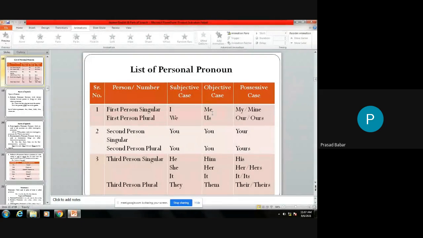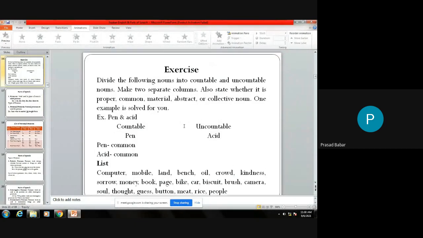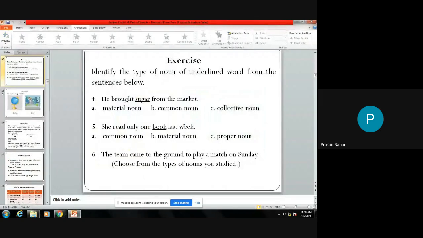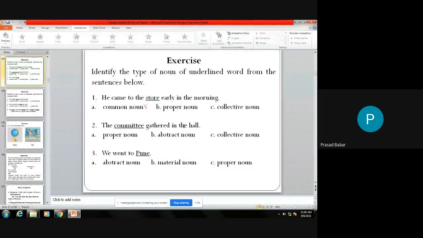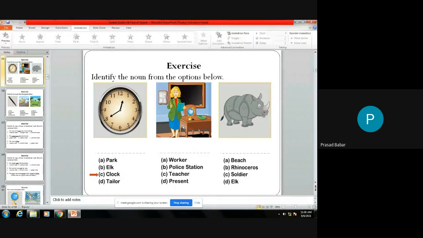So in the last lecture, we saw what the parts of speech are and how many there are, and we almost completed the first part of speech, that is noun. So noun is the naming word, and it has 5 types: common noun, proper noun, collective noun, abstract noun, and material noun.